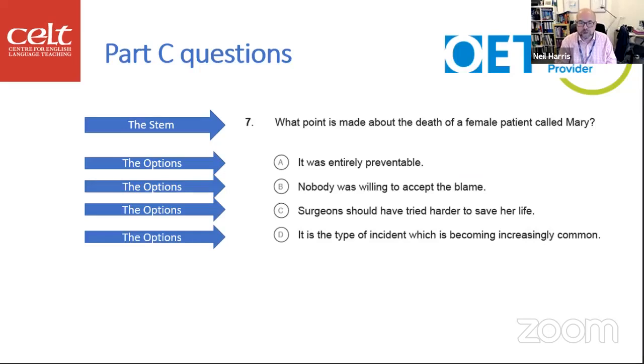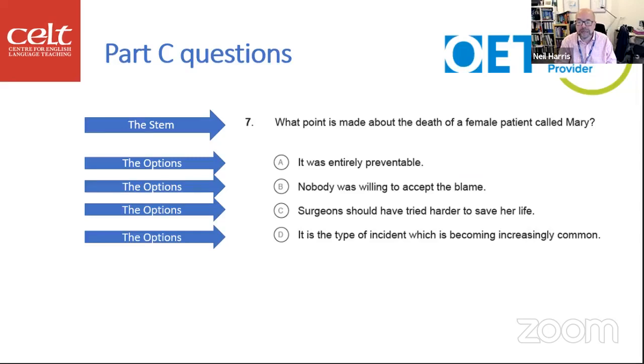On the live stream, you can see questions 7 to 14. It's now ticked over to question 7. And I just want us to be familiar with two terms here, stem and options. Stem, if you like, is the question itself. And A, B, C, D are the 4 options.